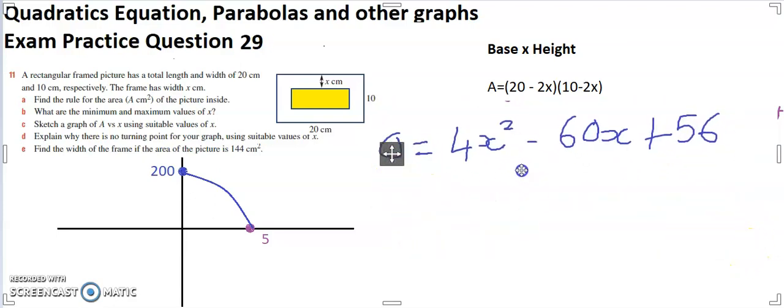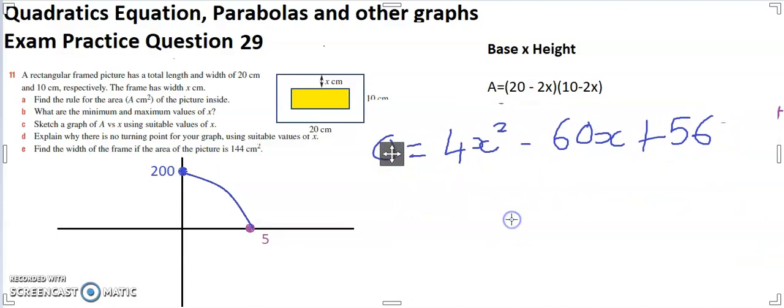To do that, I'm going to use the quadratic formula. I could use factorizing, which I will try first, but if I can't, then I will go to the next step. With factorizing, it's a times c. So a times c is equal to 224. Now I need to think about the two numbers that multiply to equal that.